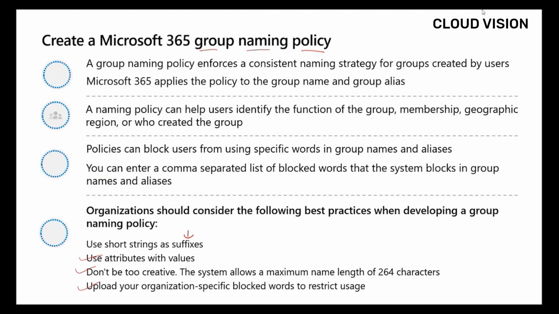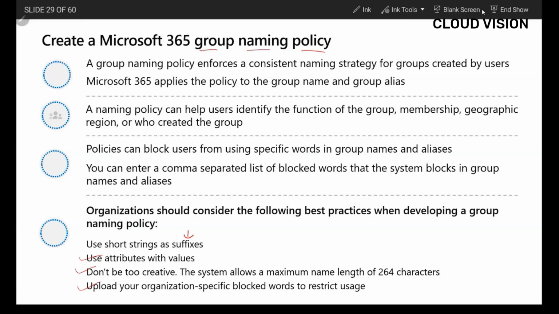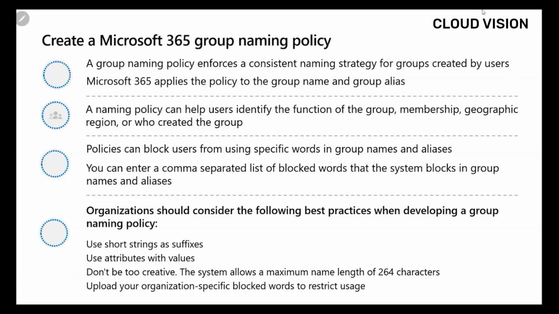For example, you can create a group naming policy like this, where you add a prefix such as Contoso underscore, and you add a suffix such as an attribute called location.